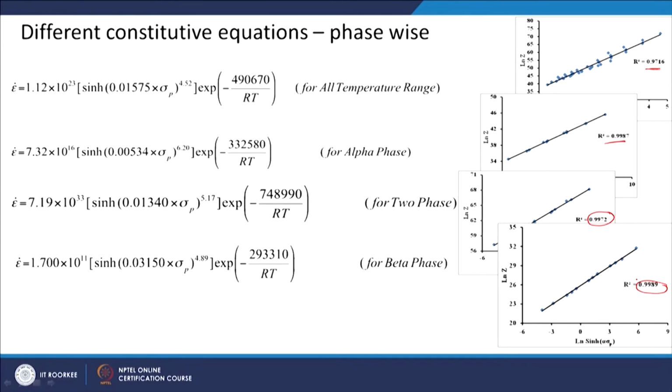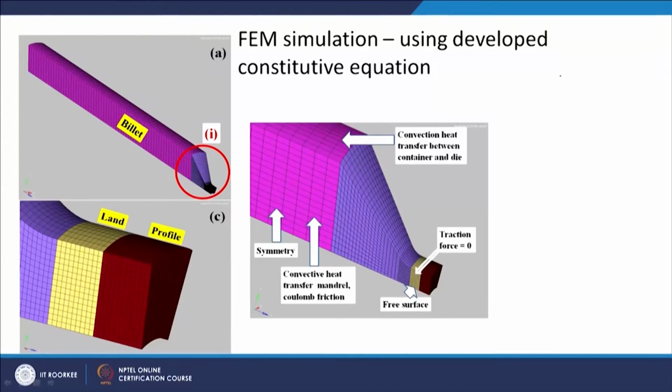Now, how low is very low and how high is very high, we cannot sometimes tell directly from these values. A better approach, as I told you, is to validate this constitutive equation with actual experiments. And to do that, we have done the FEM simulation of a hot extrusion process.